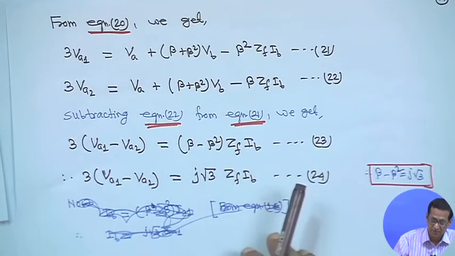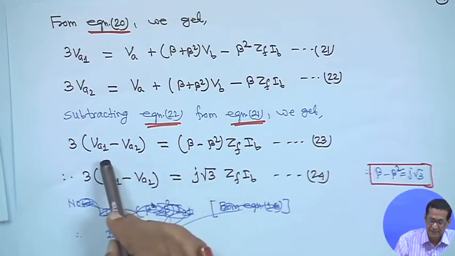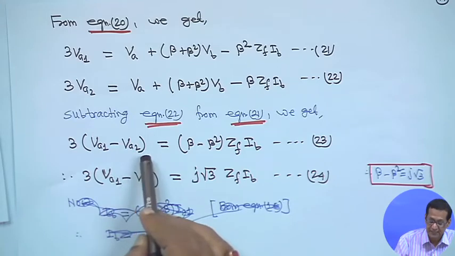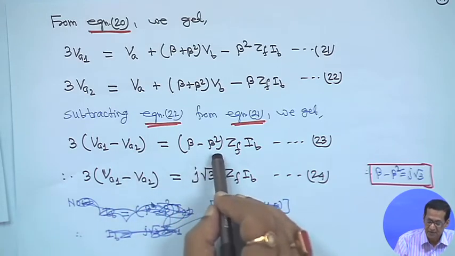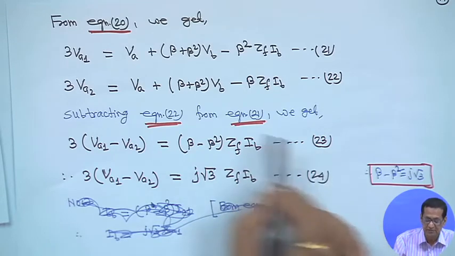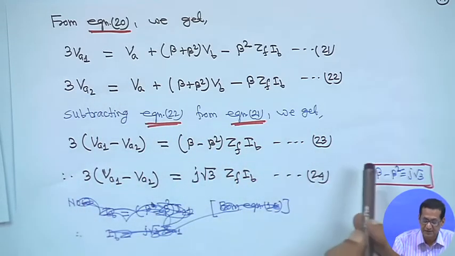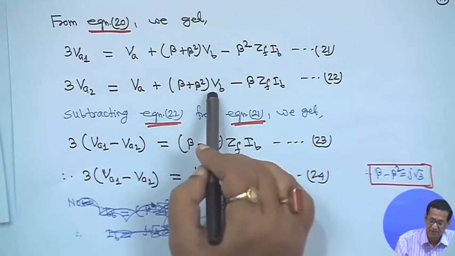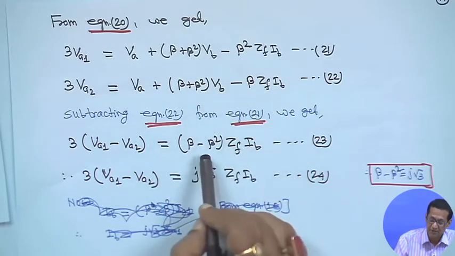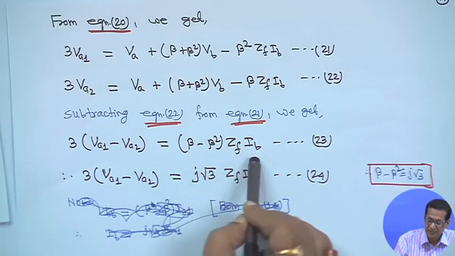If you do so, you will get 3 into VA1 minus VA2 is equal to beta minus beta square into ZF IB. This is equation 23. If you subtract, VA will be cancelled, and beta plus beta square VB also will be cancelled. Ultimately, it will remain beta minus beta square ZF into IB.